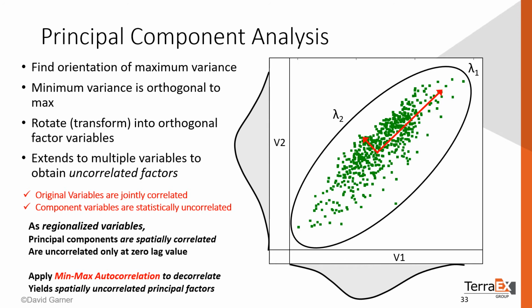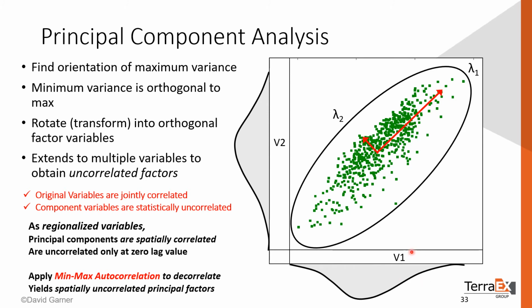Now I just want to touch on principal components. That sets the stage for what we really want, which is min-max autocorrelation. So principal components is taking a look at these two variables, v1, v2. This is just two variables, but it can be extended to multiple variables in a hyperspace.